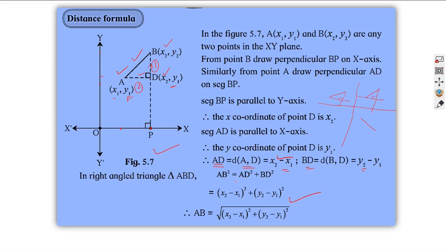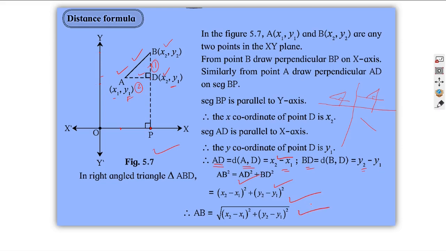That means this formula, which is derived by substituting the given, assumed data like x1, y1, x2, y2, is a universal fact.